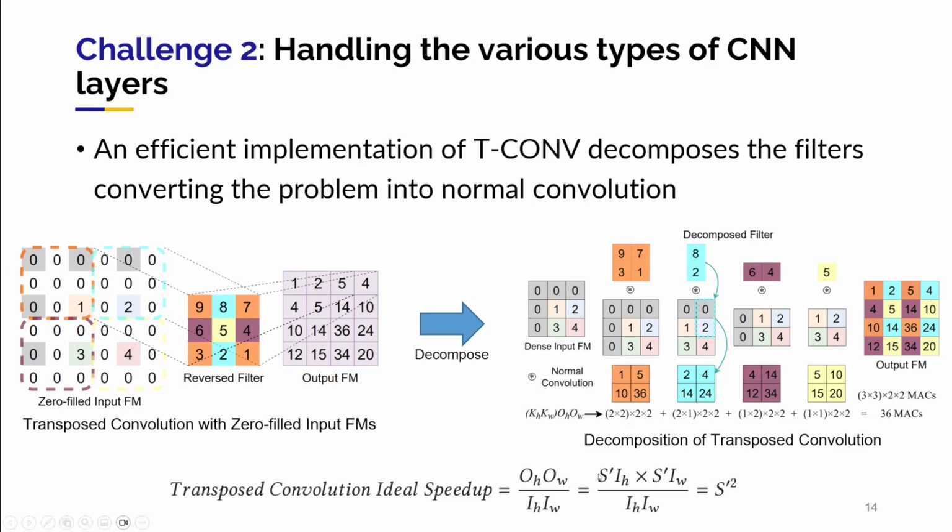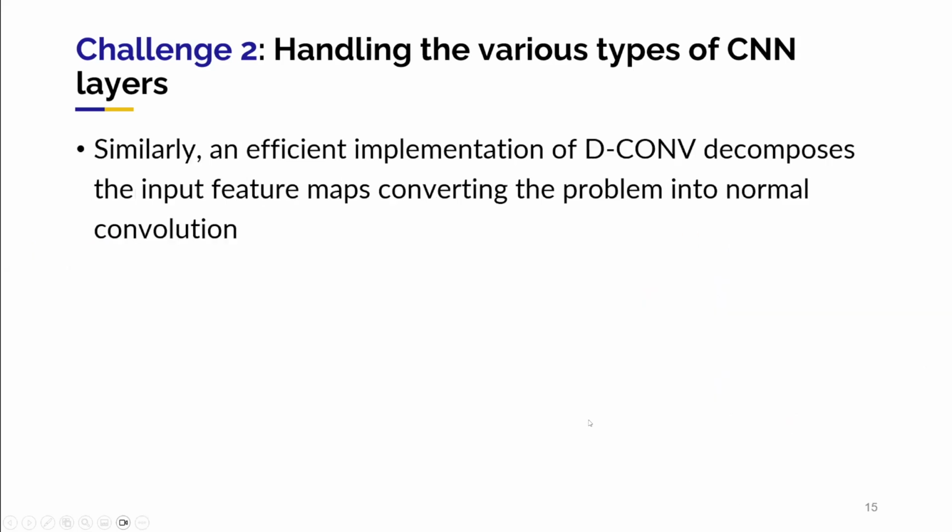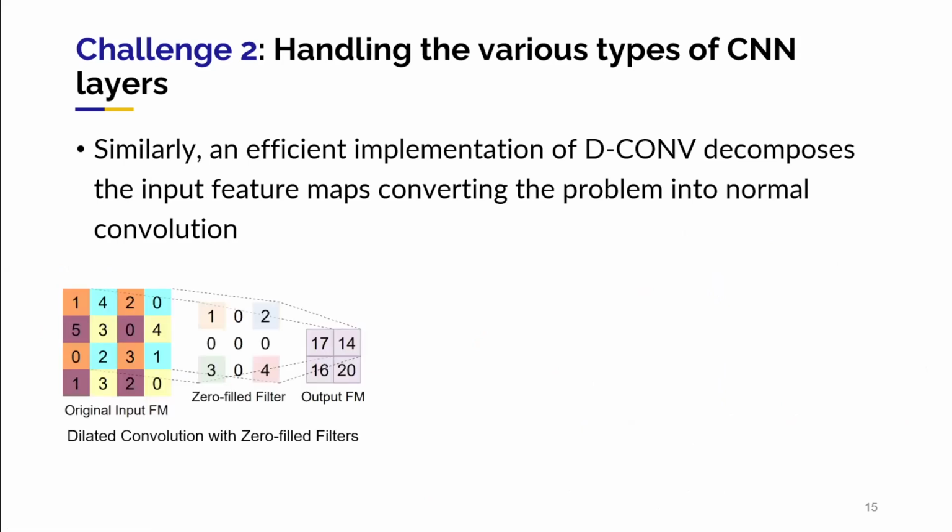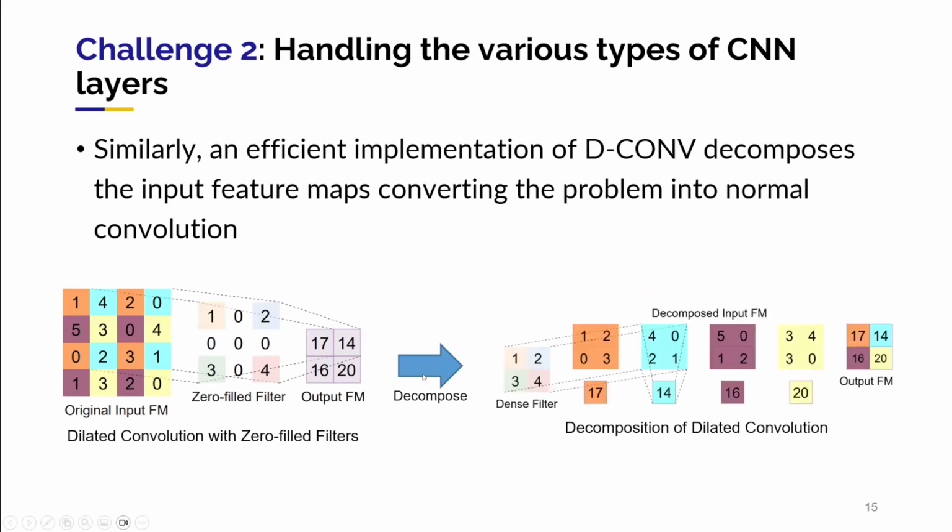Okay, so the stride for transposed convolution is the number of zeros we insert between the pixels of the input feature maps. So the ideal speedup is this stride squared. Similarly, for dilated convolution, we also do a decomposition, sorry, we do a decomposition of the input feature maps.